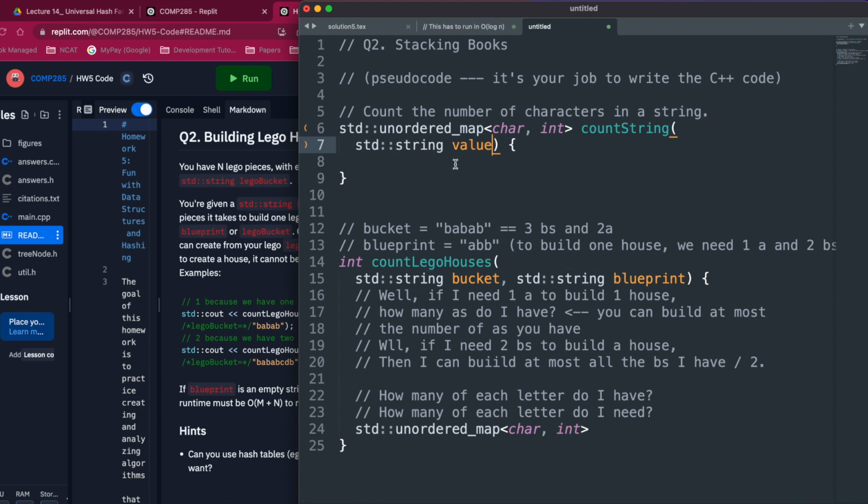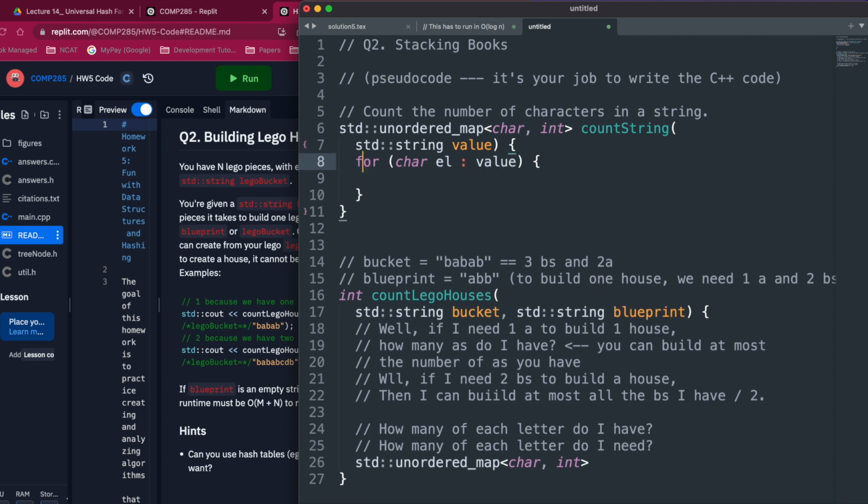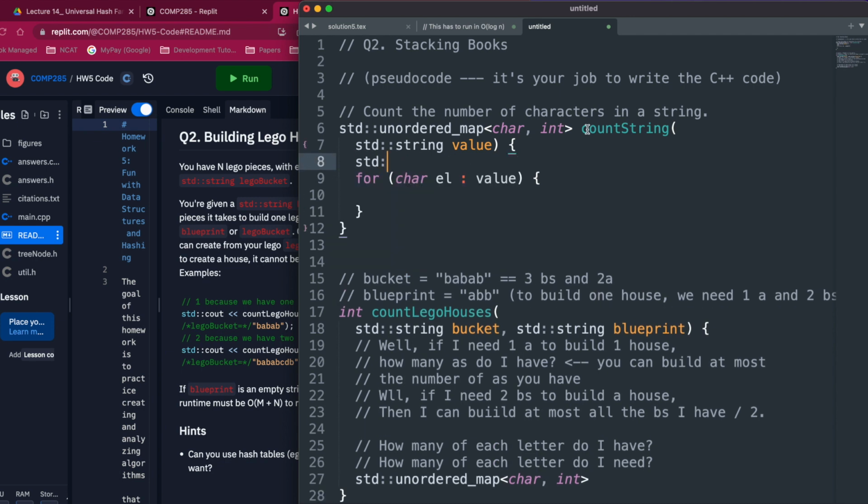Let's call it value. And what we're going to do is iterate for each element in my string, right? Let's create our map. Make sure it starts out empty. Let's call it counts, right?